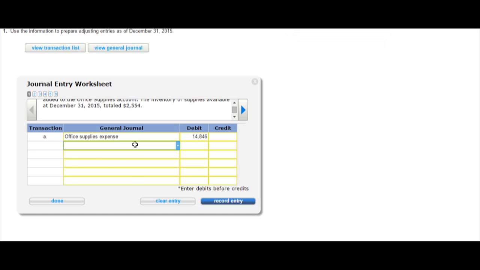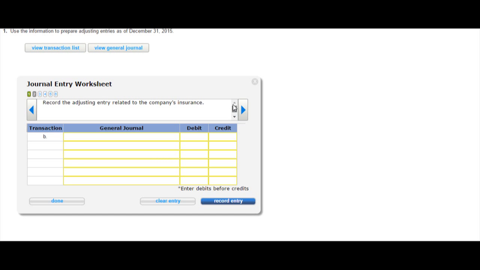And we're going to credit our office supplies account for the same amount. You took what you started with, add to it what you purchased, and then what I have left is $2,554. So I had to have used this amount to get to that $2,554 left.